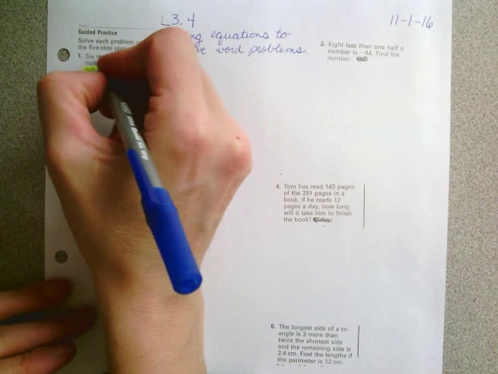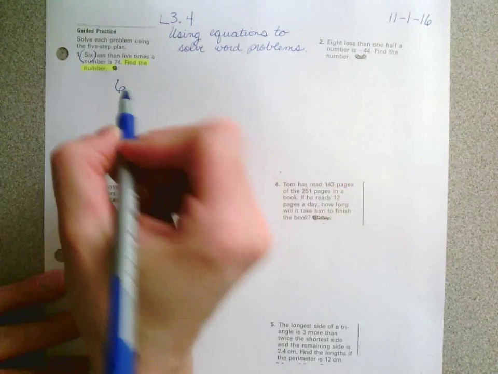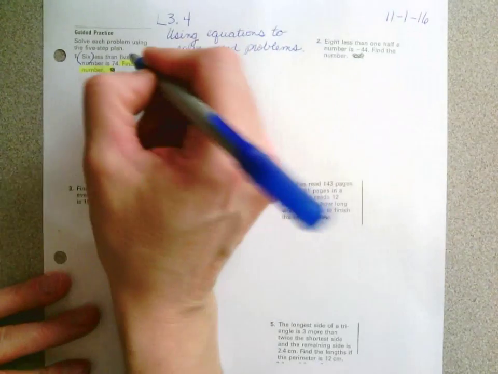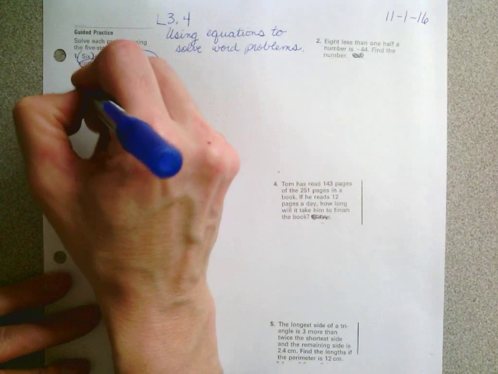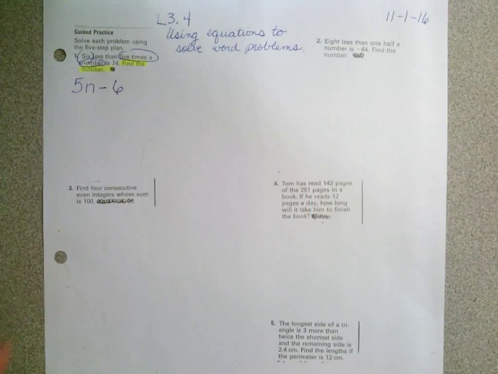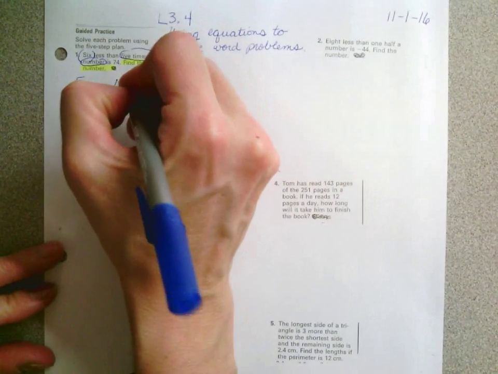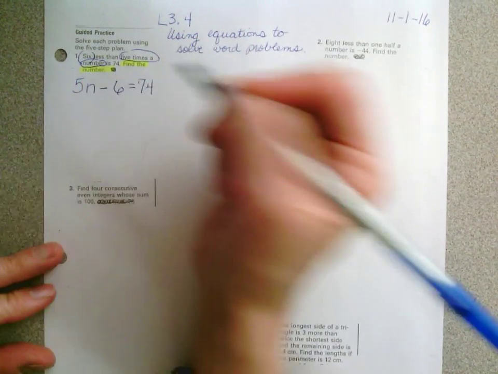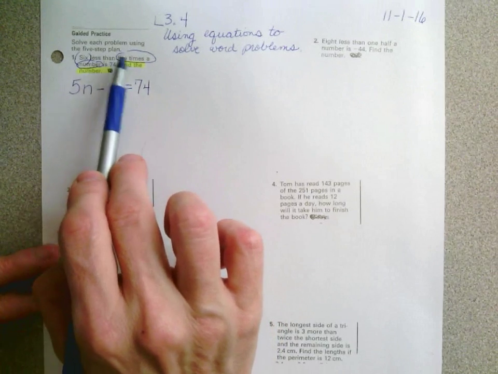It is 6 fewer than. Fewer than what? 5 times a number. That equals 74. 6 less than 5 times a number.